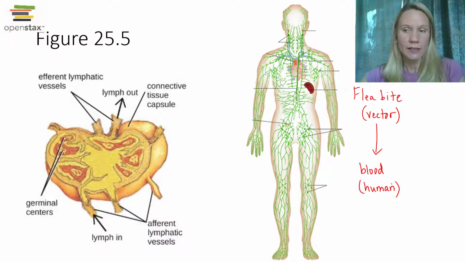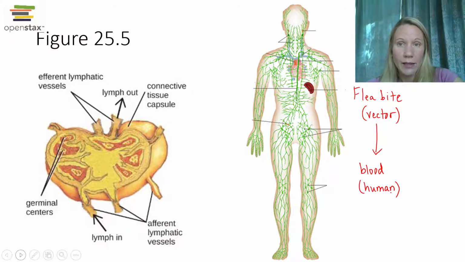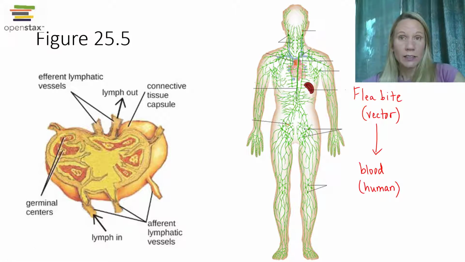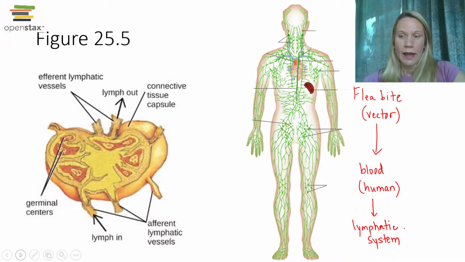But then what happens is that the bacteria will eventually make their way from the blood into the lymphatic system. And remember, that is a very important system to our white blood cells. And so from the lymphatic system, eventually the bacteria will migrate via all these lymphatic vessels, which you see in green in this diagram, eventually to the lymph nodes.